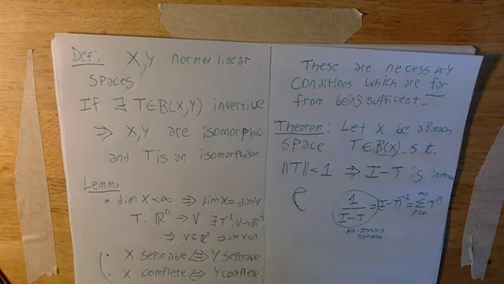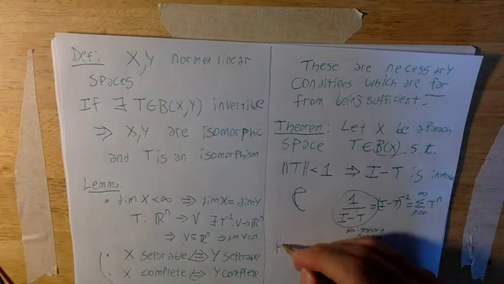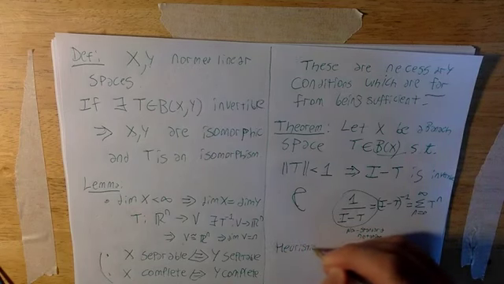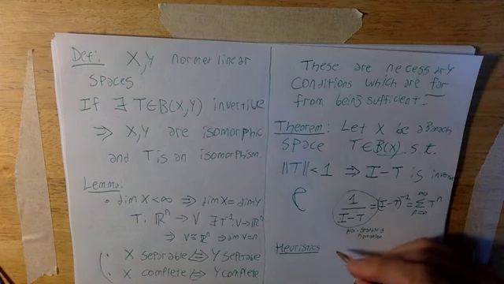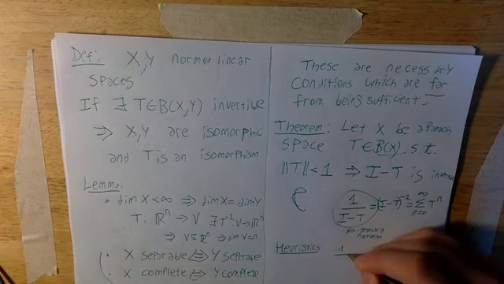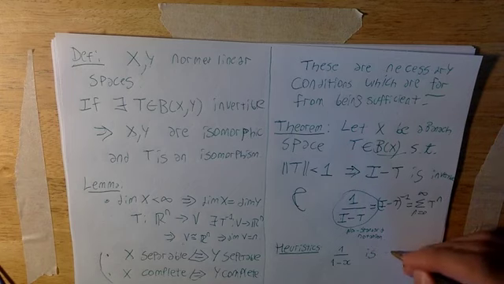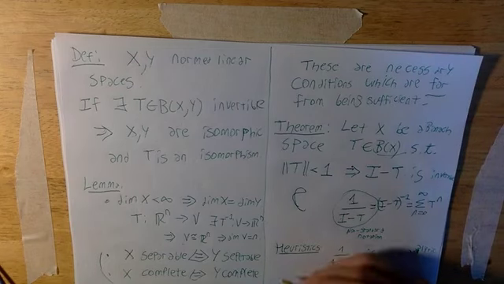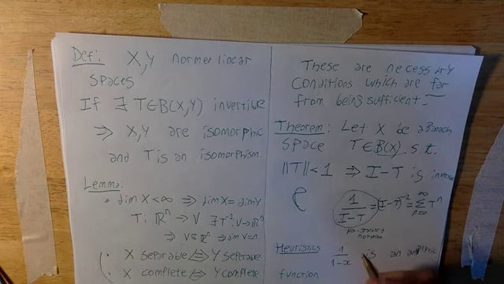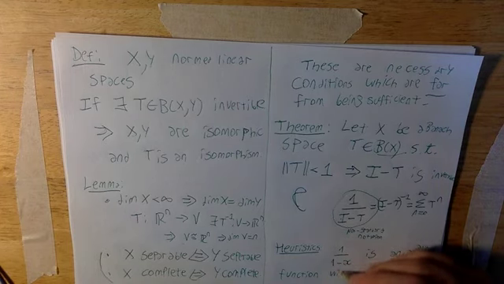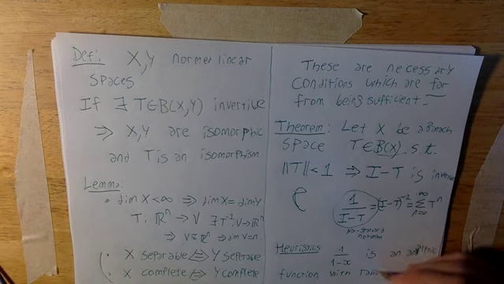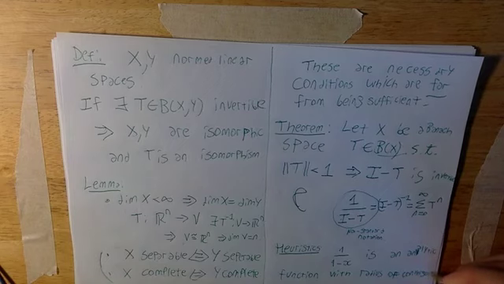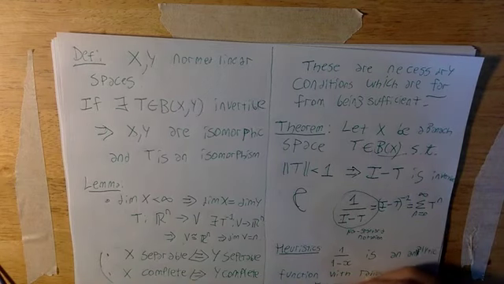But what is the heuristic for this? 1 over 1 minus x is an analytic function with radius of convergence less than 1.